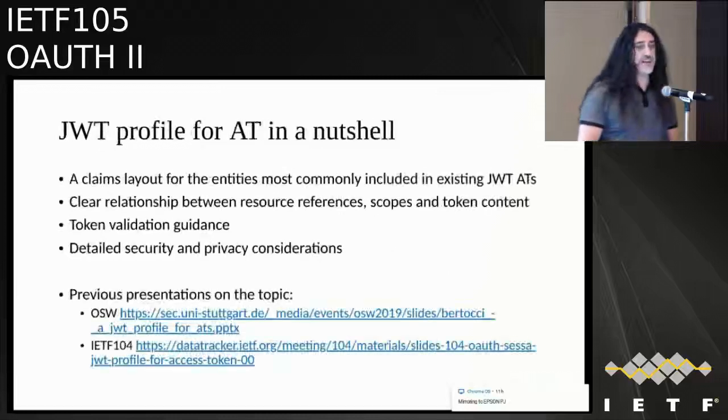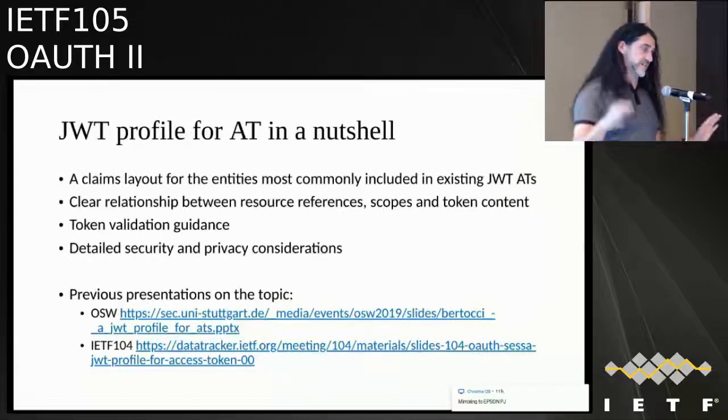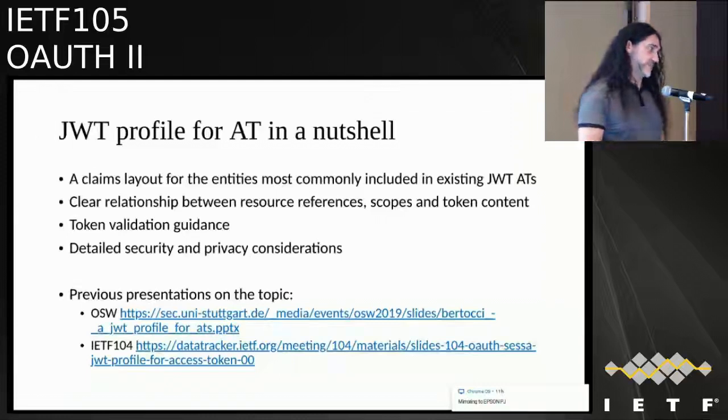So in a nutshell, what we did: we defined a layout where we lay down the various claims that represent most of the concepts and type of information that vendors are already placing in their existing production access tokens. We laid down some rules about, for example, determining what should go in the audience, how you would map certain parameters in the resource into the actual content of a claim of a token.